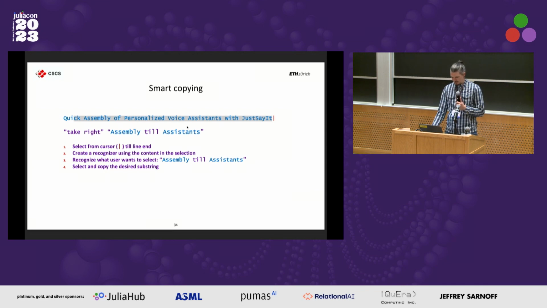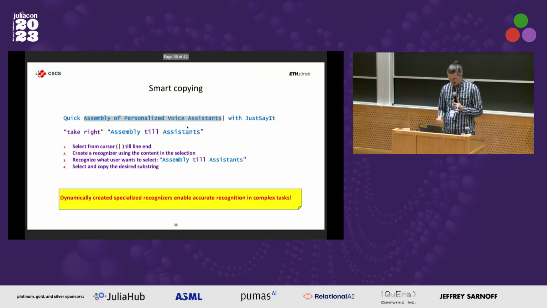And then afterwards, select and copy the desired substring. So this shows that for very complex tasks, we can still very accurately recognize things, because we can make very specialized recognizers that exactly understand what they need to understand.